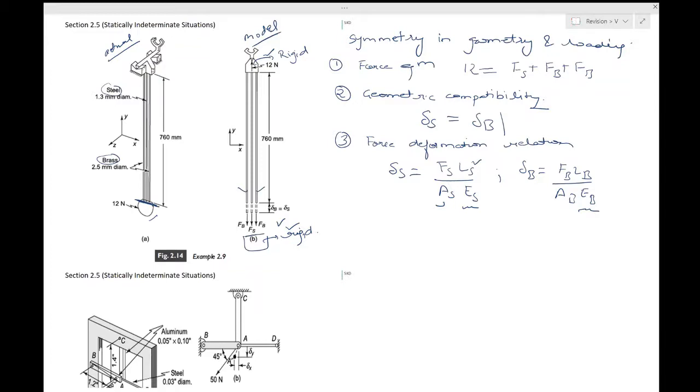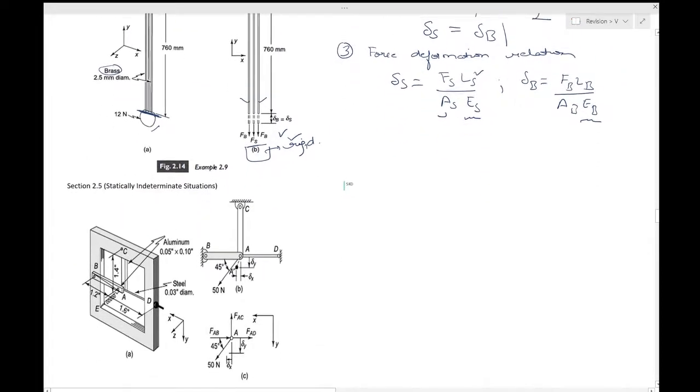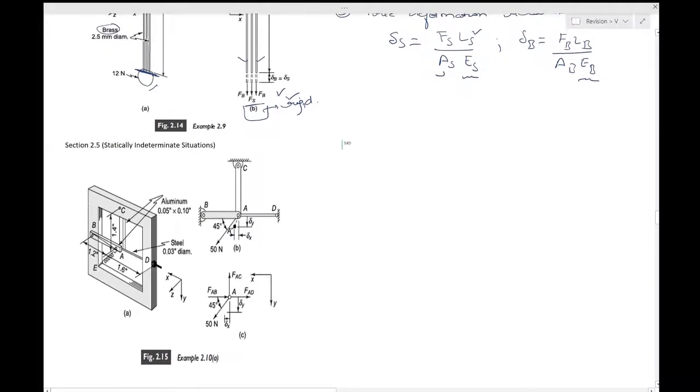Okay, now let's move to the next sort of example. In this one, which is example 2.10a, there is a figure over here. This shows an instrument suspension consisting of two aluminum bars and one steel rod.